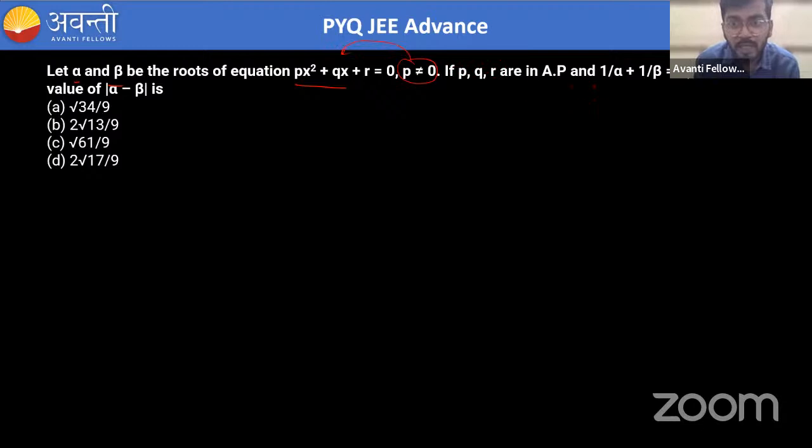If p, q, r are in AP and 1 by alpha plus 1 by beta is equals to 4, then the value of mod of alpha minus beta is how much? Okay. So from here, I can say that alpha plus beta upon alpha beta is equals to 4, right?